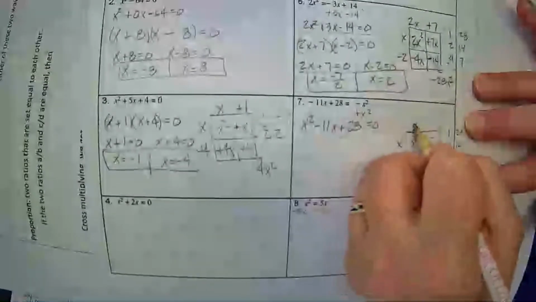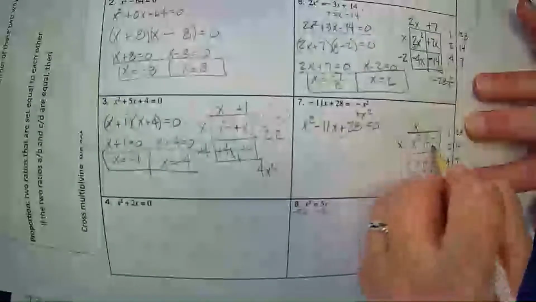Okay, so x times x is x squared. X times a -7 gives me the -7x. X times a -4 gives me the -4x.